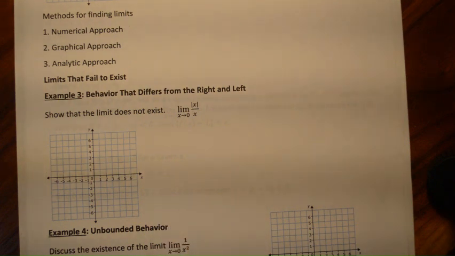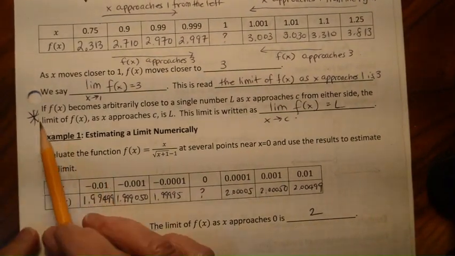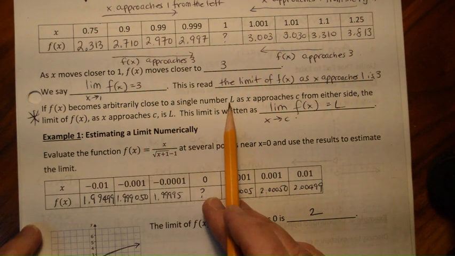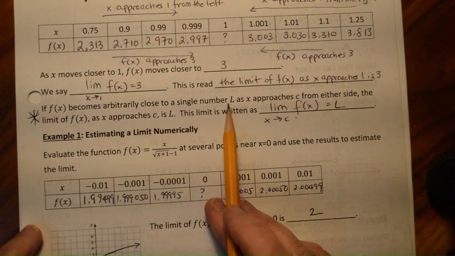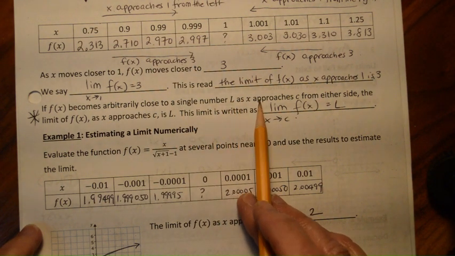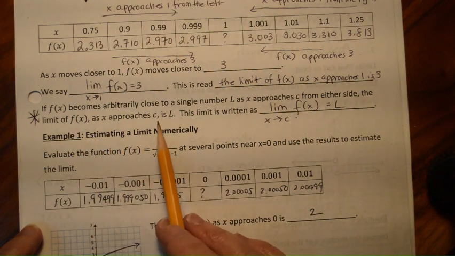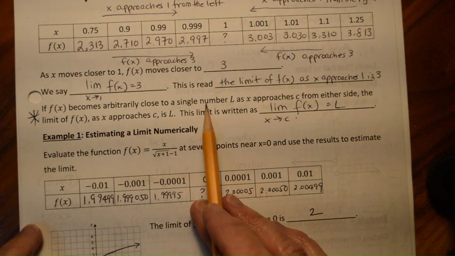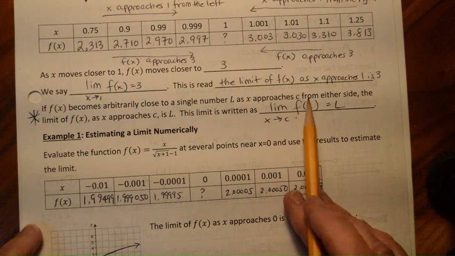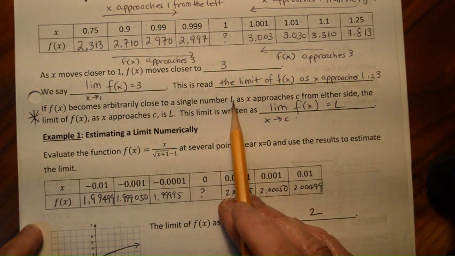Right, and again, if I can just refresh your memory here, this was from the first page of our notes, and we said that if f of x becomes arbitrarily close to a single number L, so it's a number, not a concept or anything, it's a number, as x approaches c from either side, then the limit of f of x as x approaches c is L. So we have to have them approaching that value c from, actually I would say both sides it has to agree on, but for right now we'll say either side, and it has to approach a finite number.